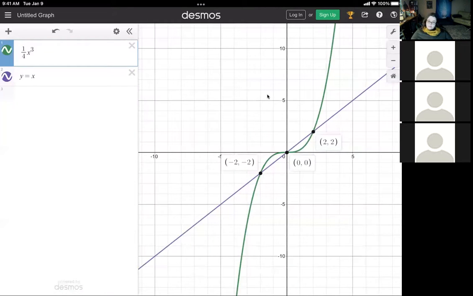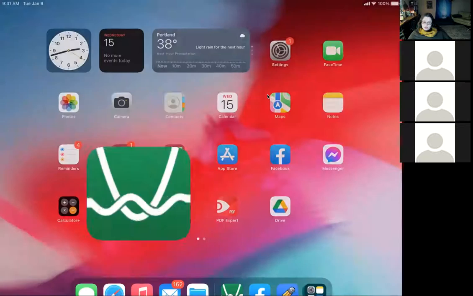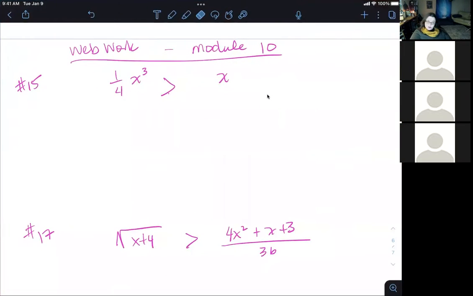And then if we say, what are the solutions? Where are these equal to each other? They're equal to each other when x is -2, x is 0, and x is 2. So that's why we put that in set notation. For part A, the question was, what are the points of intersection?